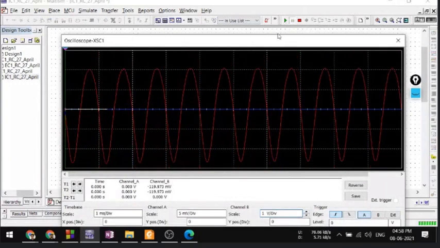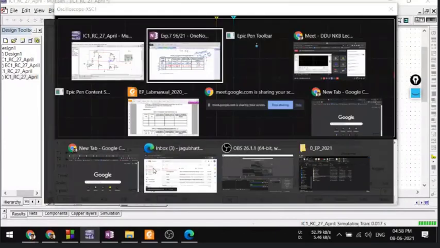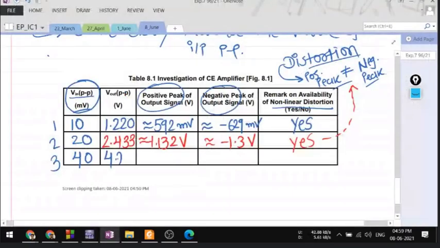Now measure it. Cursor 2 on the positive peak, cursor 1 on the negative peak. So how much peak to peak, student? 4.746 is your peak to peak, right? So let me say 4.764 is your peak to peak, right?